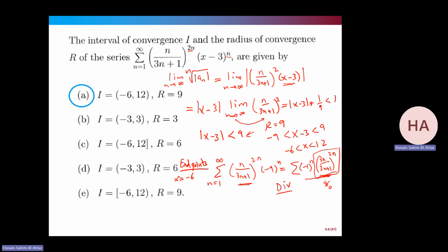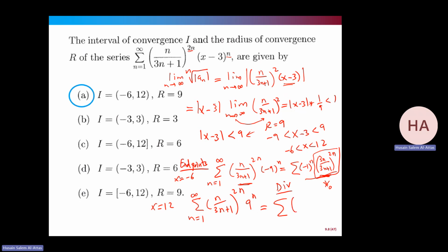Now for the other point, x equal 12, the same idea. It will be easier. That will be the summation from n equal 1 to infinity of n over (3n plus 1) to the power 2n times 9 to the power n. Do the same trick. This is 3 to the power 2n.